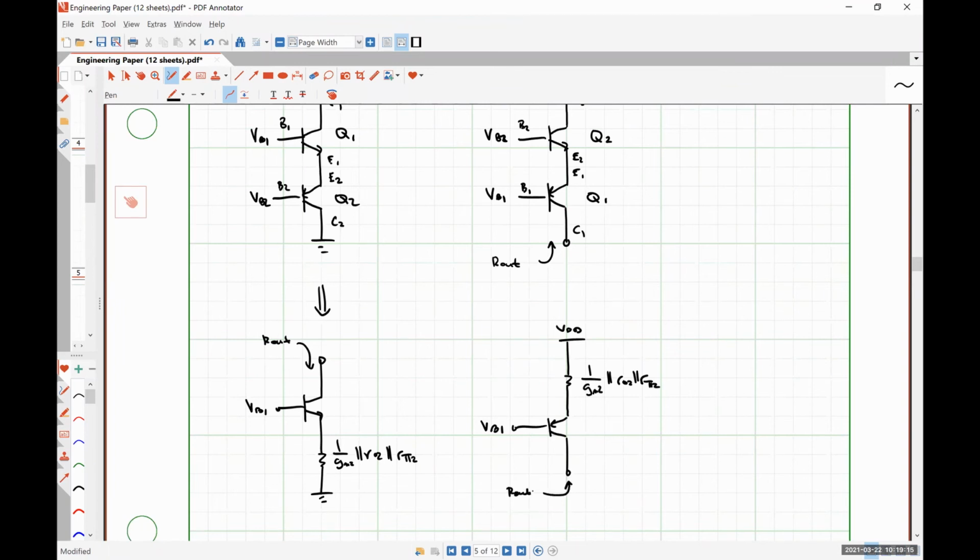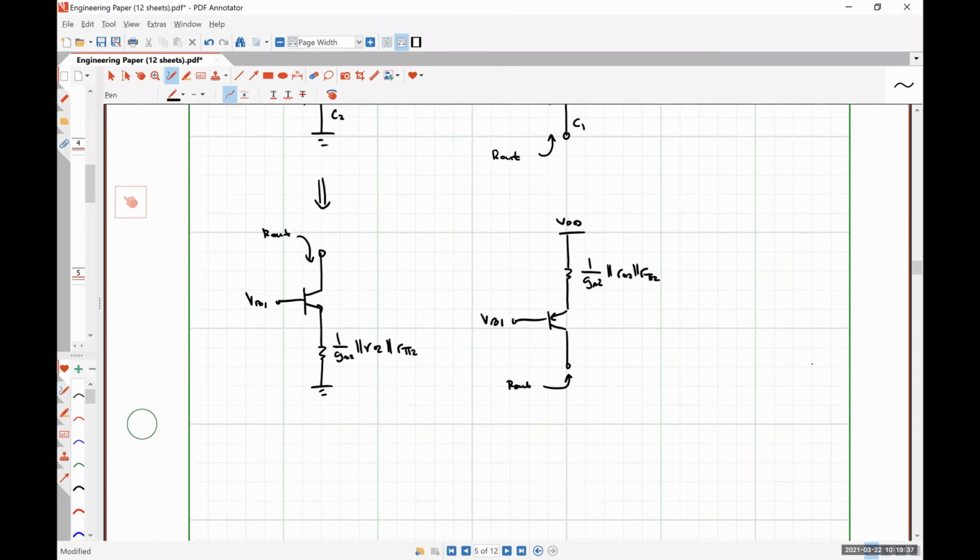I don't believe that this is in the textbook, but it is an interesting thing because, as a student who might not be 100% sure of what's going on, this is a mistake somebody could easily make: oh, well, let's just throw a PMOS in there and see what happens, right?